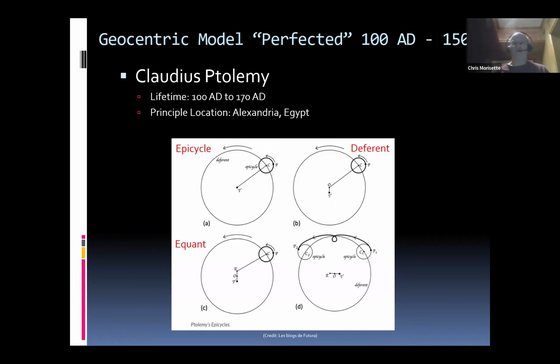We pass the position of the outer planet. So that's what Ptolemy was attempting to do, and he was able to do that relatively effectively with this model.